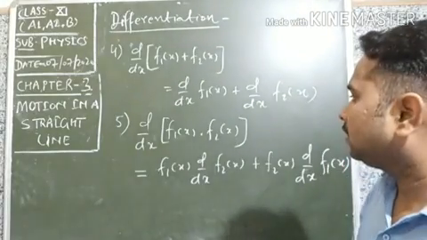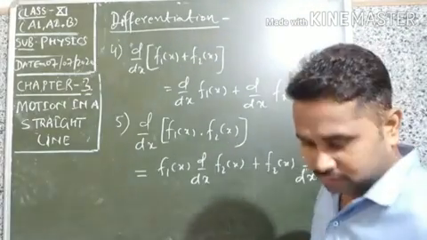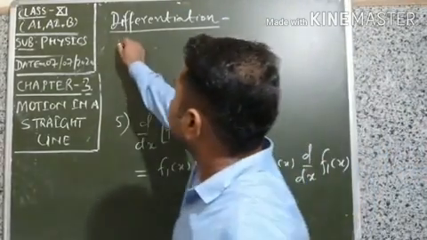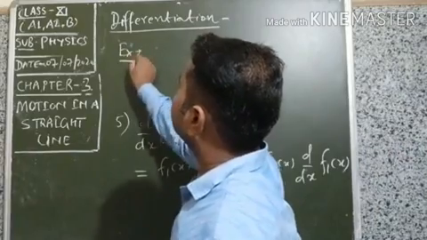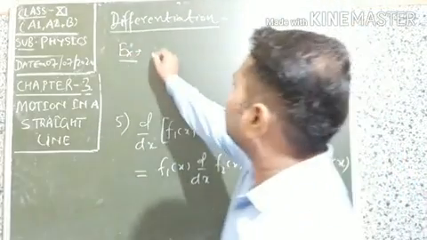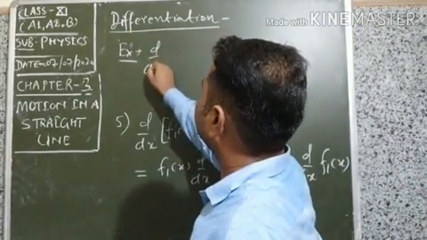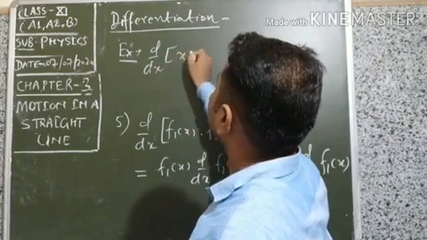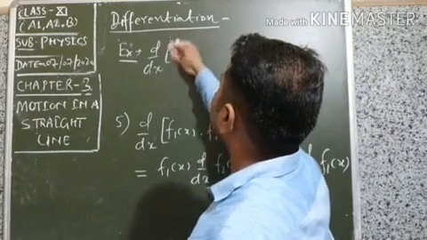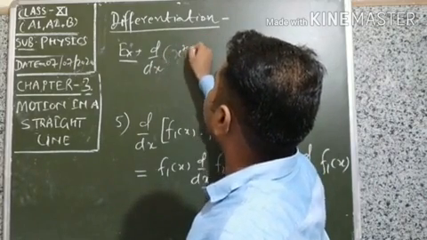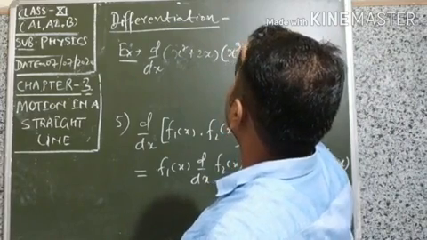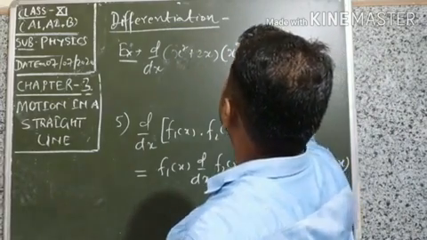I am repeating. See the example here. Suppose we have to differentiate the product of two functions, x square plus 2x multiplied by x cube plus 7x.